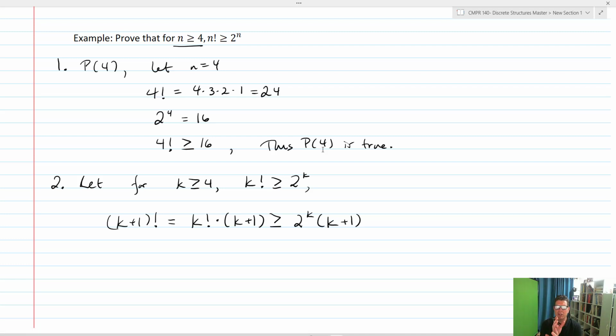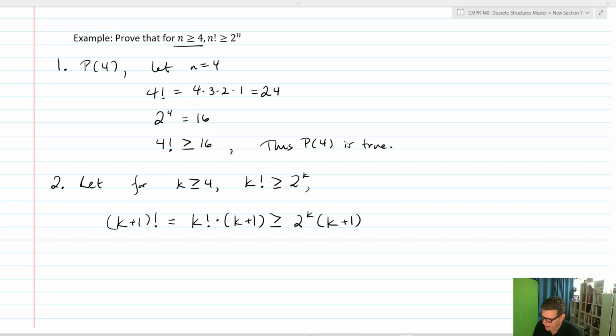What you want to think is, since k plus 1 is positive, because k is greater than or equal to 4, we're taking a positive number and multiplying it by a number that is less than our original value, so the inequality should hold.